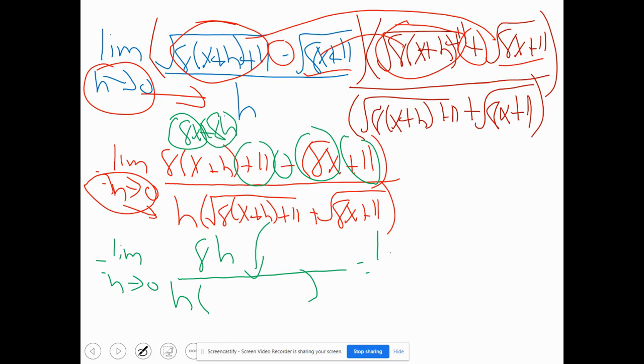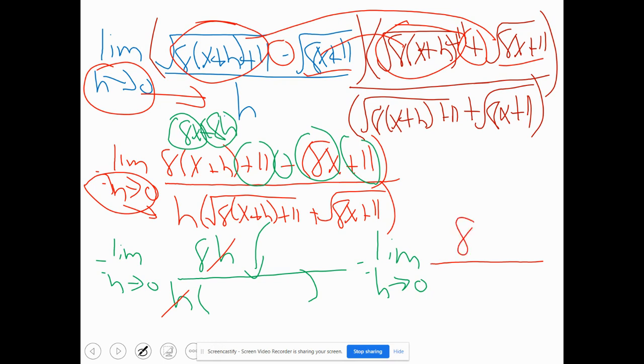All right. The limit as h approaches 0. Are you going to cancel? Sorry, had to get a drink of water. The h here cancels with the h here. That's going to leave me with an 8 in the top.